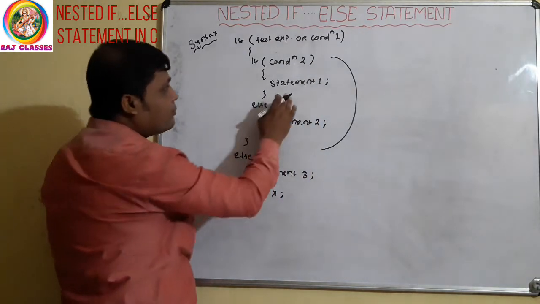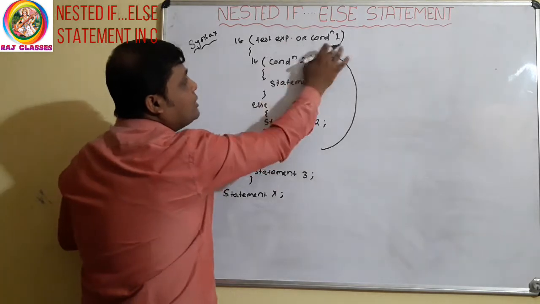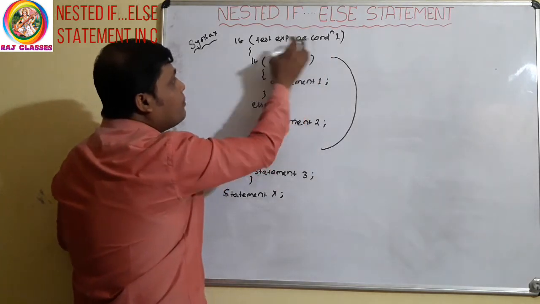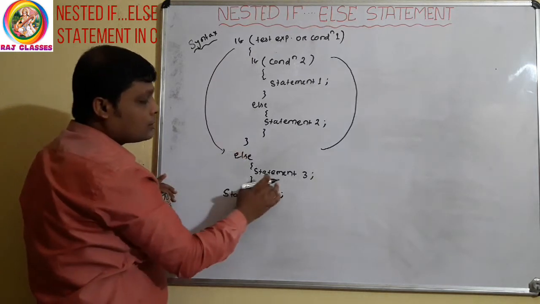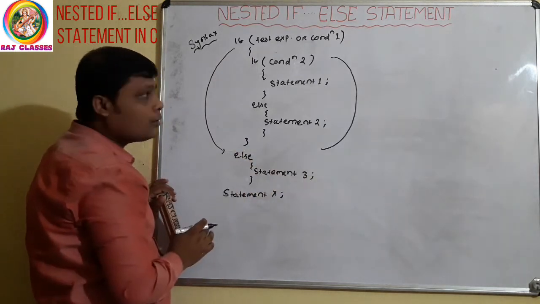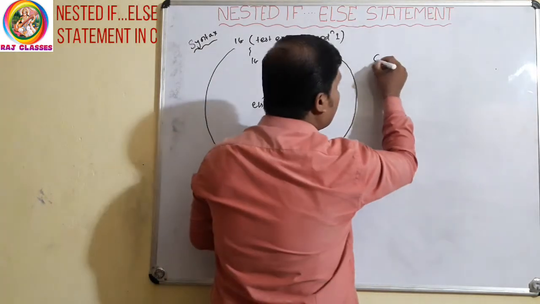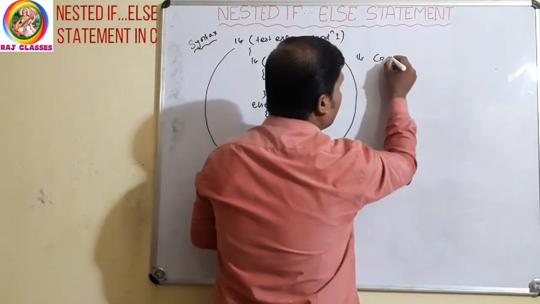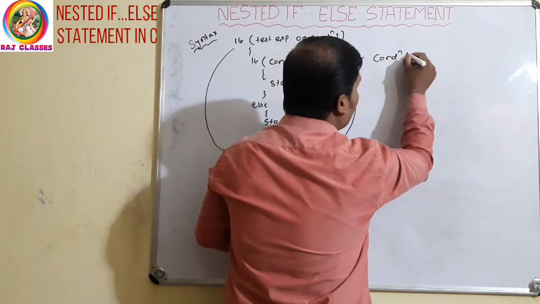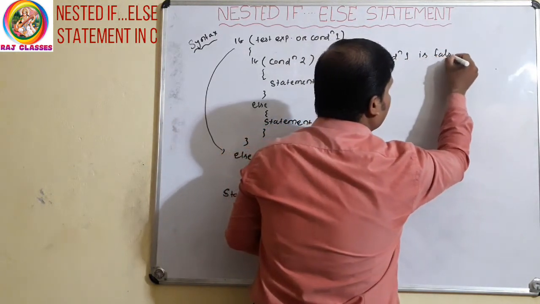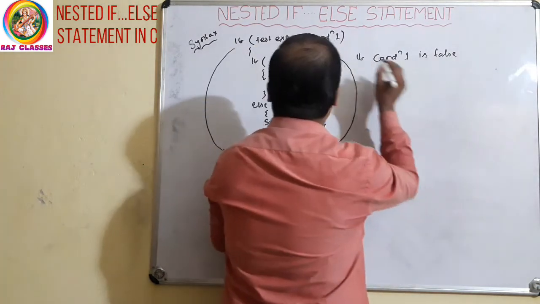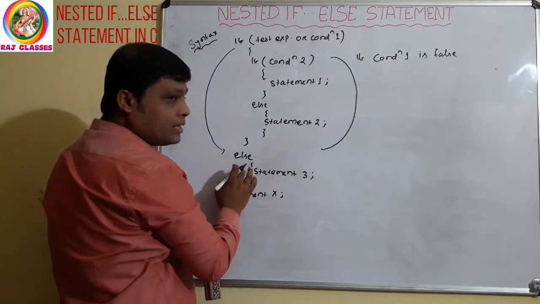If the first condition is false, then what will happen? It will directly go to the else part. Statement 3 will execute. So if condition 1 is false, it will go directly to this else part.